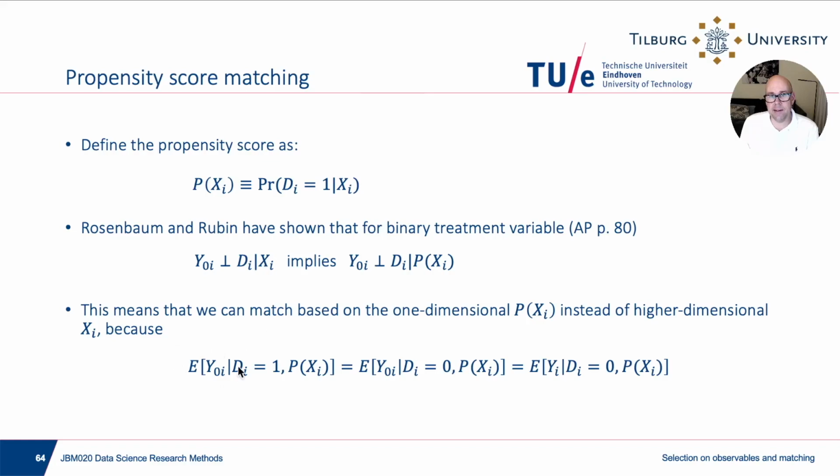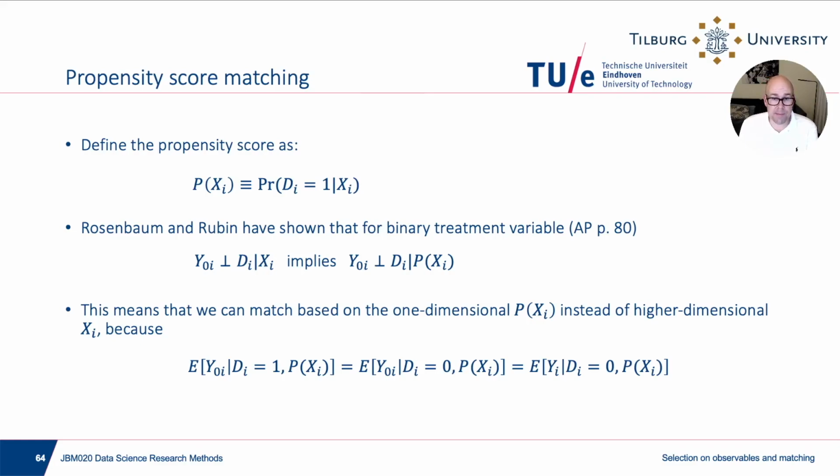So technically, we can match based on the one-dimensional p of x instead of the higher dimensional x, because the expected y0_i given d_i equals 1 and p of x is equal to the expected y0_i given d_i equals 0 and p of x, and that is equal to the average observed outcome among the controls that have the same propensity score as treated unit i.